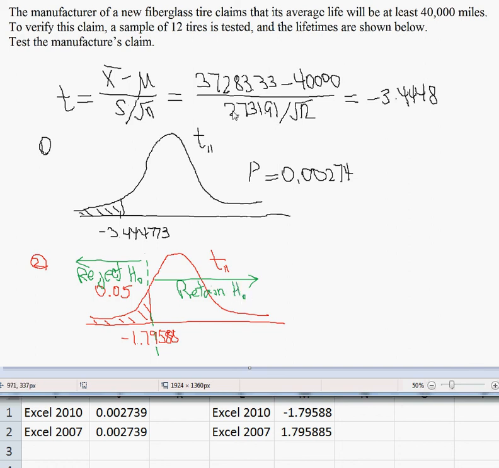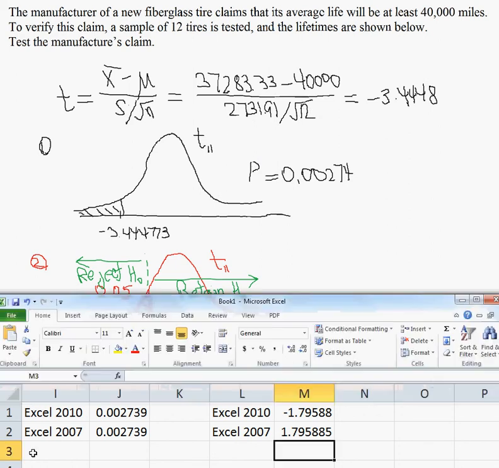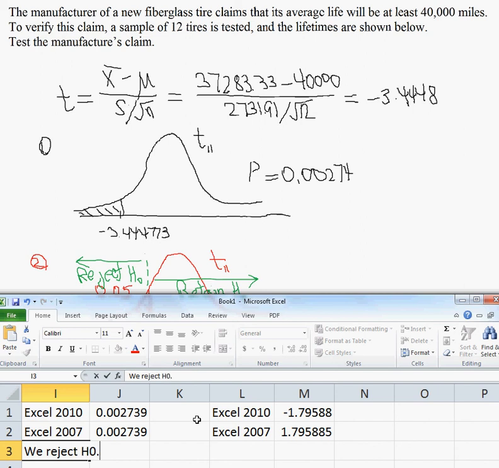In our case, negative 3.44 falls over here, and so the decision is to reject the null hypothesis. So in words, our conclusion is we reject the null hypothesis. It does not appear that the tires last 40,000 miles.